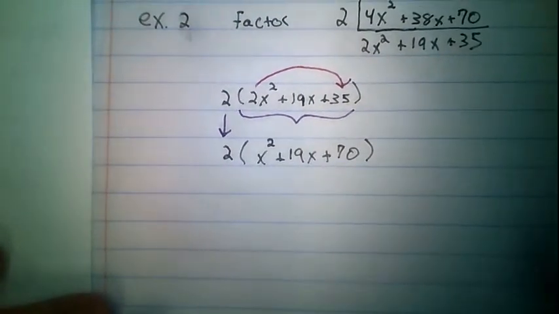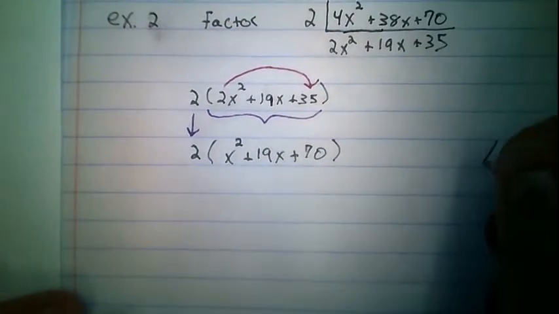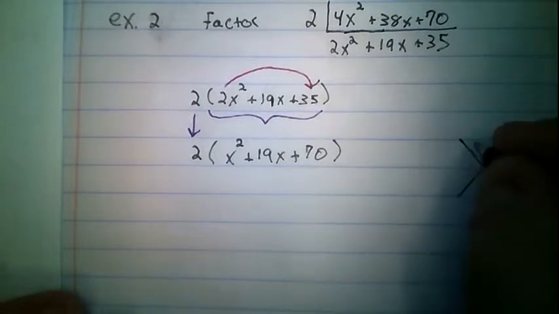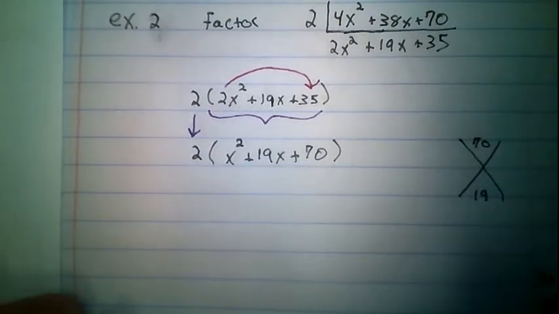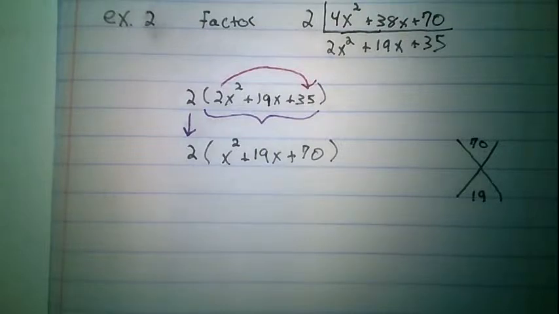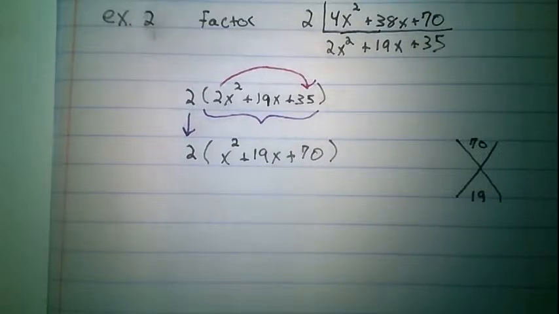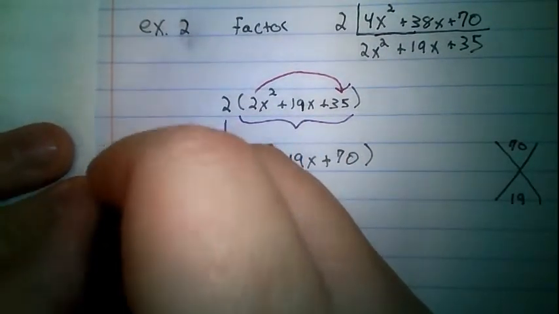But now let's use the X puzzle. So 2 numbers that multiply to give me 70 and add up to 19. So think about that one for a while. One thing that you can do that might help is to make a T-chart of factors.